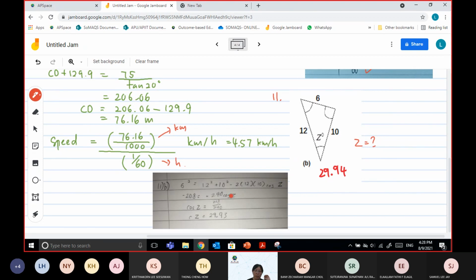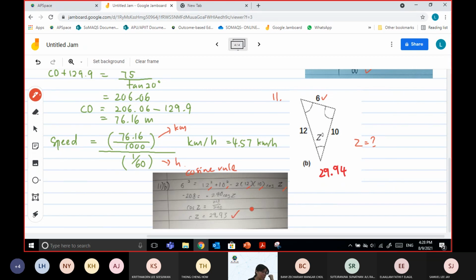Since you have all the sides but no other angle, you cannot use the sine rule; you have to use the cosine rule to find Z. The corresponding side for angle Z is the length 6. So 6 squared equals 12 squared plus 10 squared minus 2 times 12 times 10 cos Z, correct? Then solve for Z. Z is 29.93, correct?